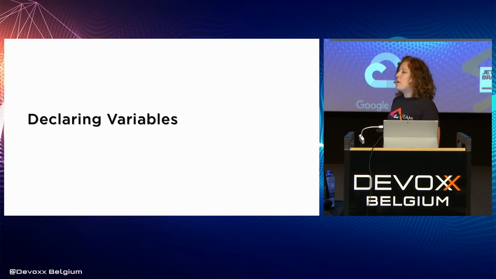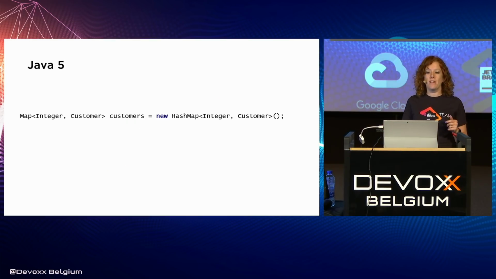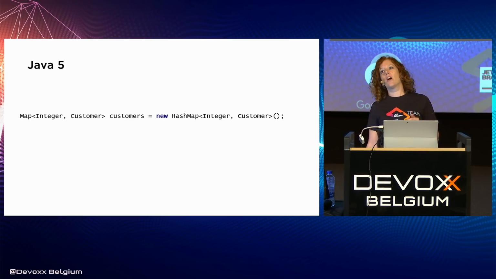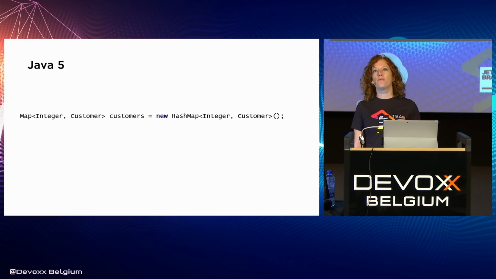Let's look at another example, a bit closer to what we really do in real life. Who's coding on Java? Let's go backwards. Who's using Java 11? Okay, who's using 10? Who's using 9? You know that people on 9 and 10, you should be using 11 by now, right? Who's using 8? Like everyone. Who's using 7?